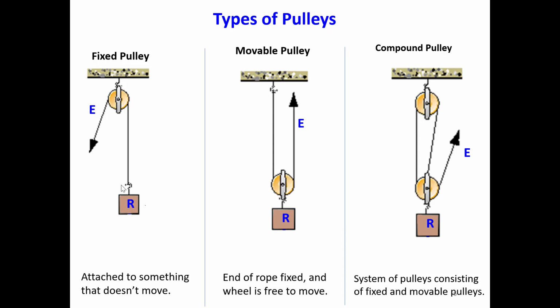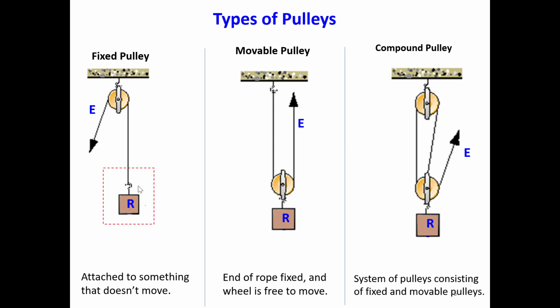Now we are going to talk a little more about the types of pulleys. One type of pulley is the fixed pulley. This pulley is attached to something and it doesn't move, like we can see in this configuration.